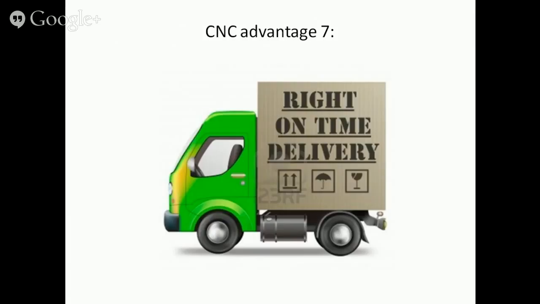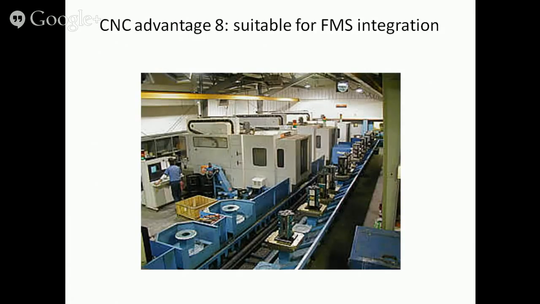Produced parts can be delivered to the customer right on time. This is an important factor for customer satisfaction. In case of major flexible manufacturing projects, CNC machines can easily be integrated into an FMS.